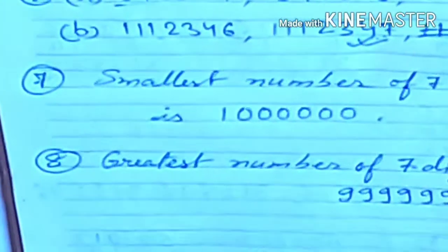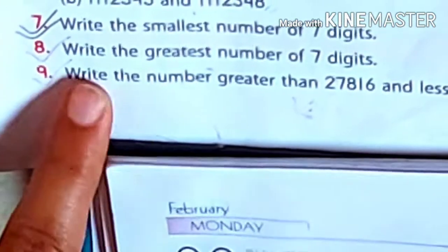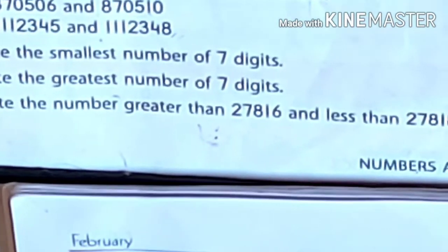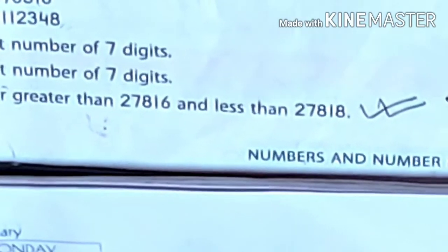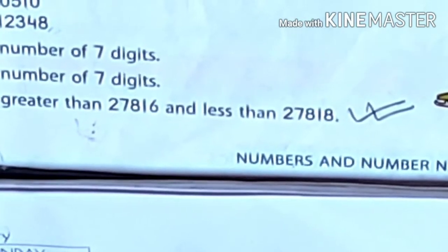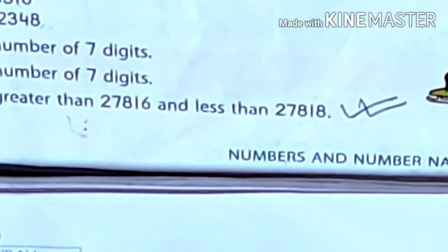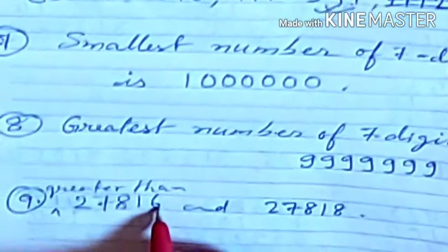And the last question is question number 9. Write the number greater than 27816 and less than 27818.